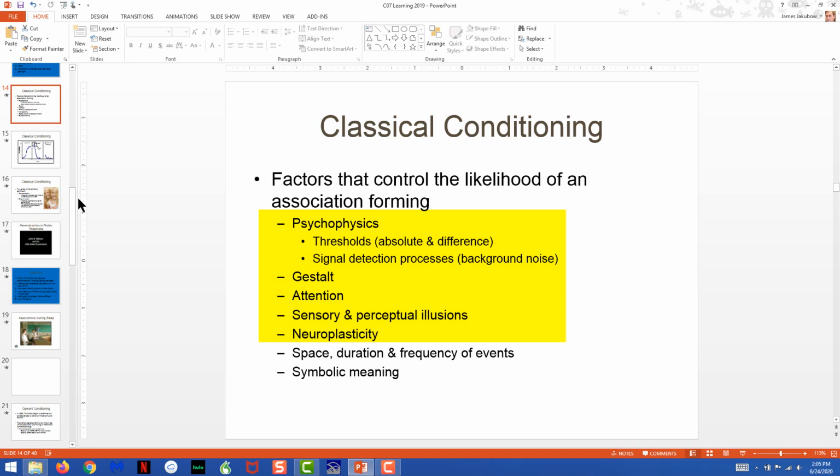All of these things are basic underlying principles to all behavior. There is never any aspect of human psychology or even psychology of any organism with a nervous system that does not involve psychophysics, Gestalt, attention, sensory perceptual illusions, or neuroplasticity. They are all always there.